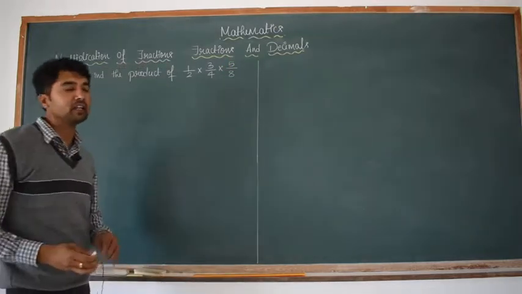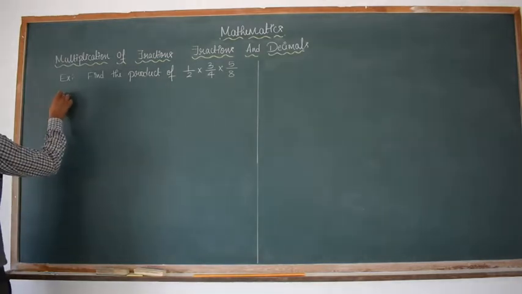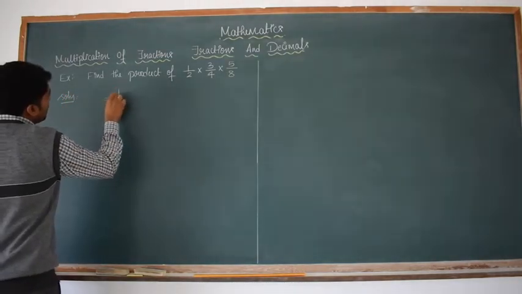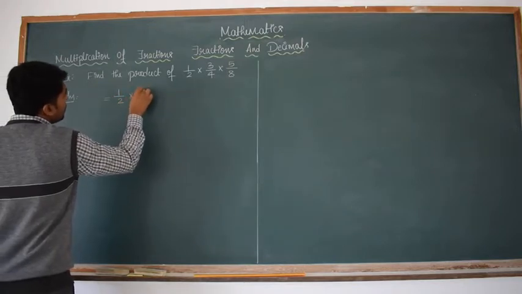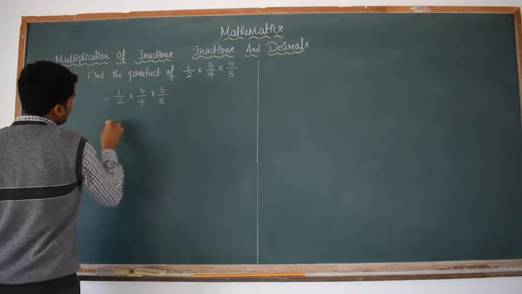We need to multiply these three fractions. Okay, what do you have to do? 1 by 2 into 3 by 4 into 5 by 8.